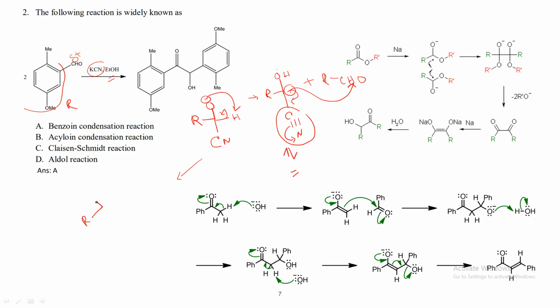So now the C-C bond formation is done, so O minus and R. The proton abstraction followed by cyanide removal would lead us to this keto functionality, OH functionality and R functionality. So this should be our product.